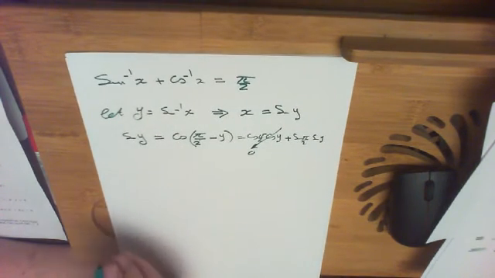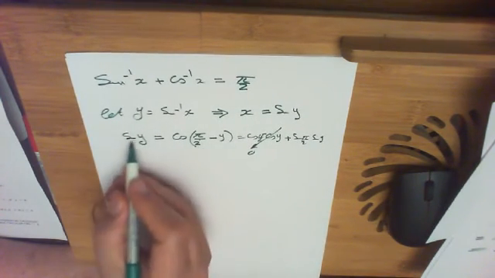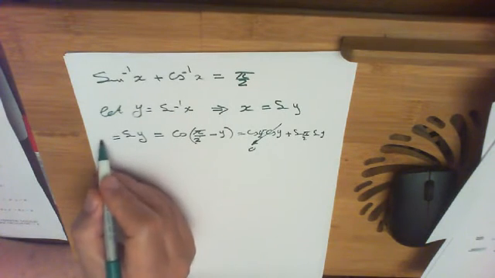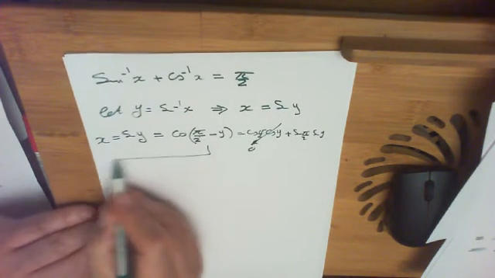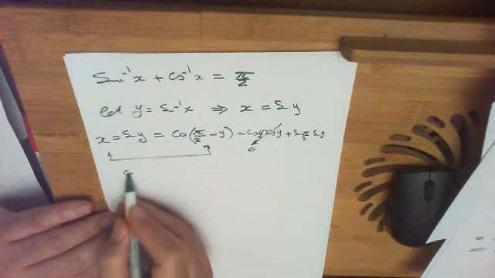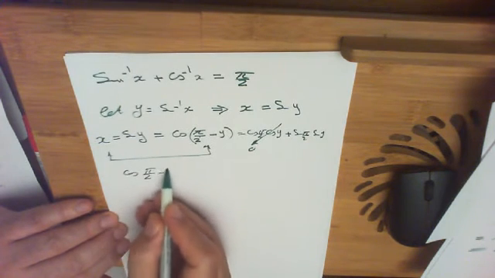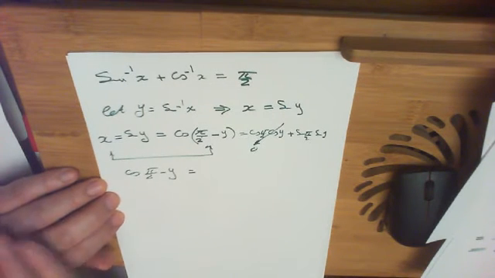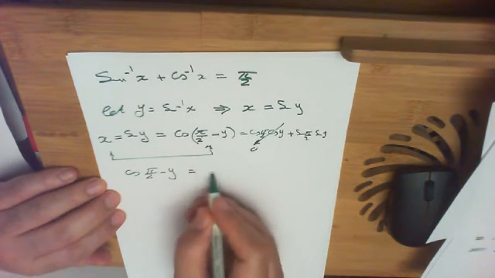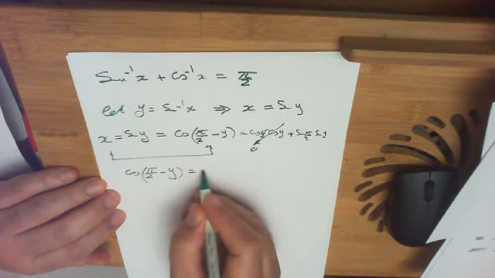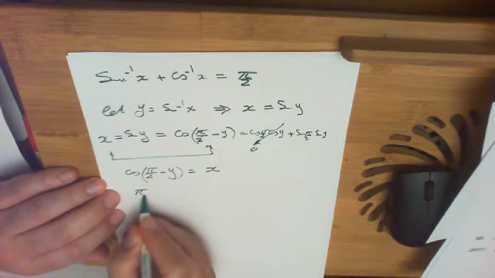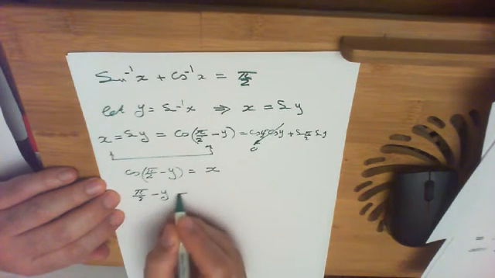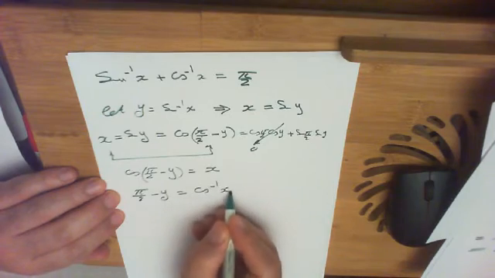But sine y is x. So between this and this, cosine of pi by 2 minus y equals x.